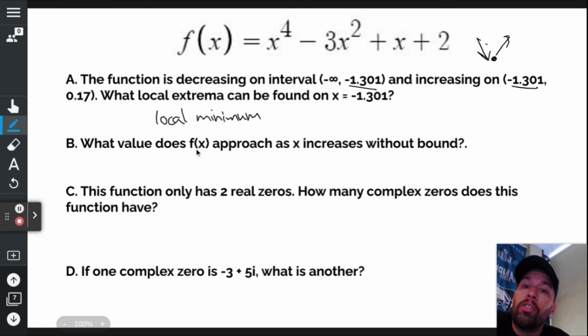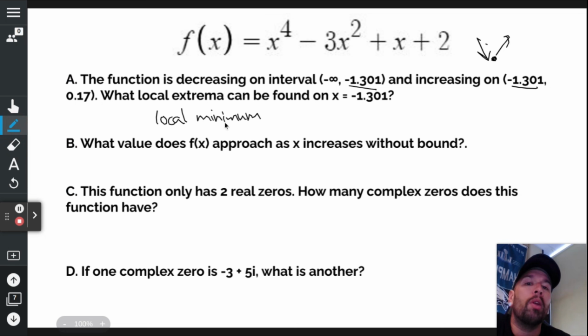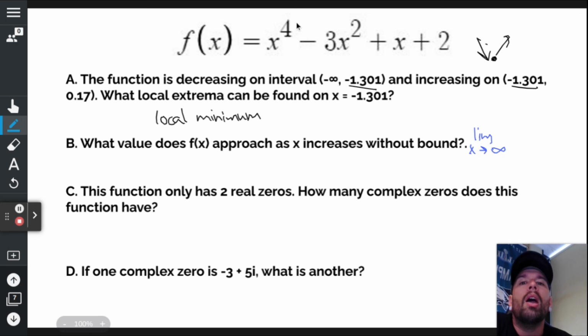What value does f of x approach as x increases without bound? Now, that is a gross-looking sentence, but what that means is as x gets larger, in other words, as the limit approaches infinity, what is my graph doing? I have a positive quartic. My highest degree is 4, and my leading term is positive x to the 4th, which means my picture is going to look like some kind of W-looking thing.